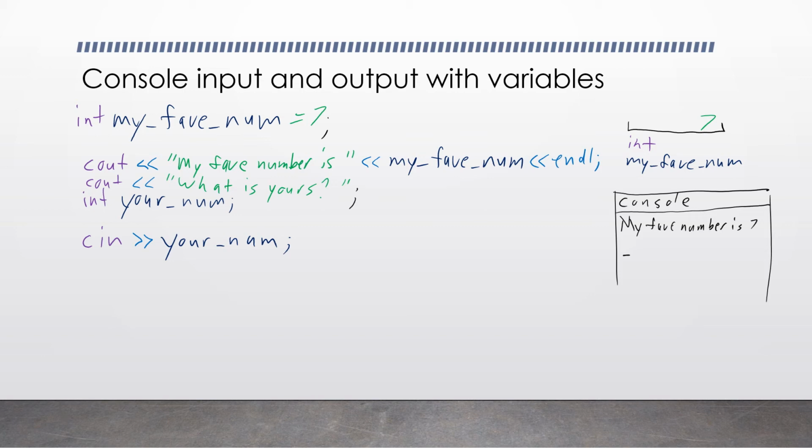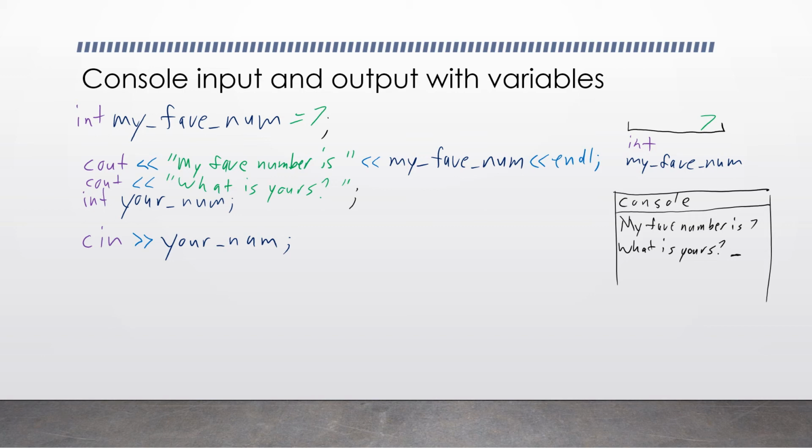Okay, and now our console will read what is yournum, and then there will be a blinking cursor for me to write a number.